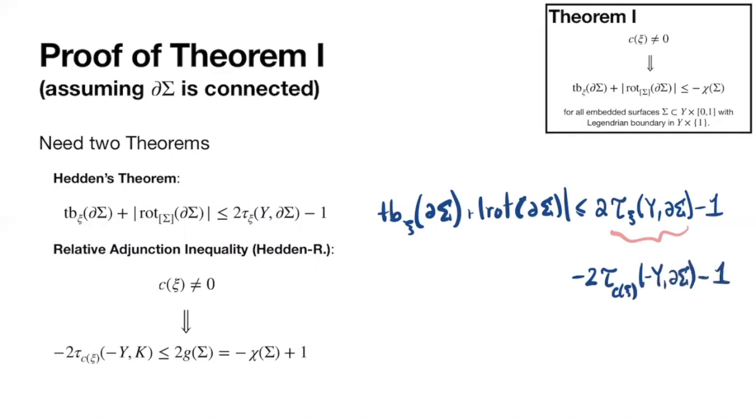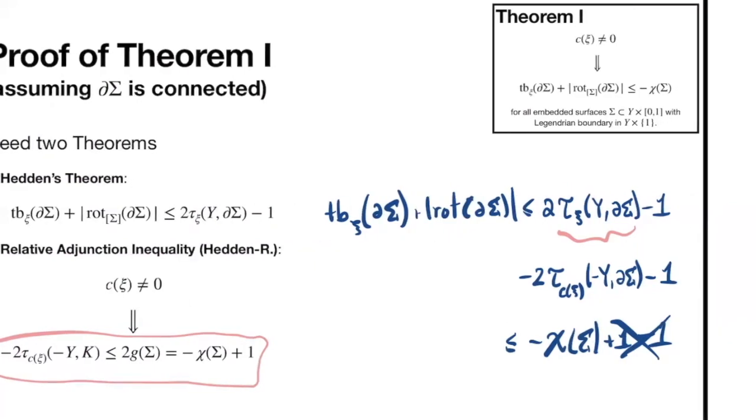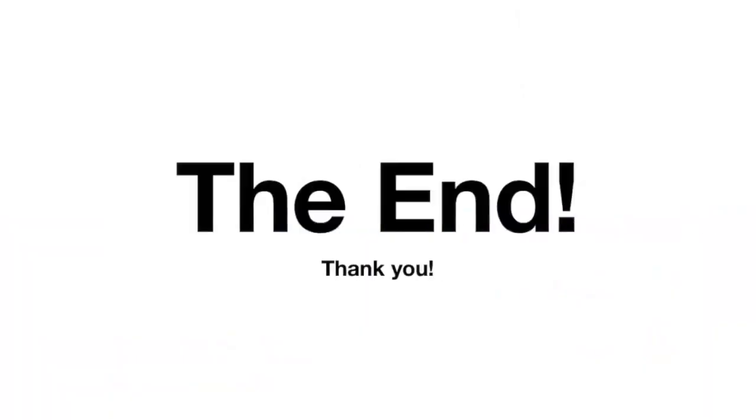By this inequality, we get that this is less than or equal to minus chi of sigma plus 1 minus 1. And we get the implication that we wanted. Okay, so that's my talk. Thank you.